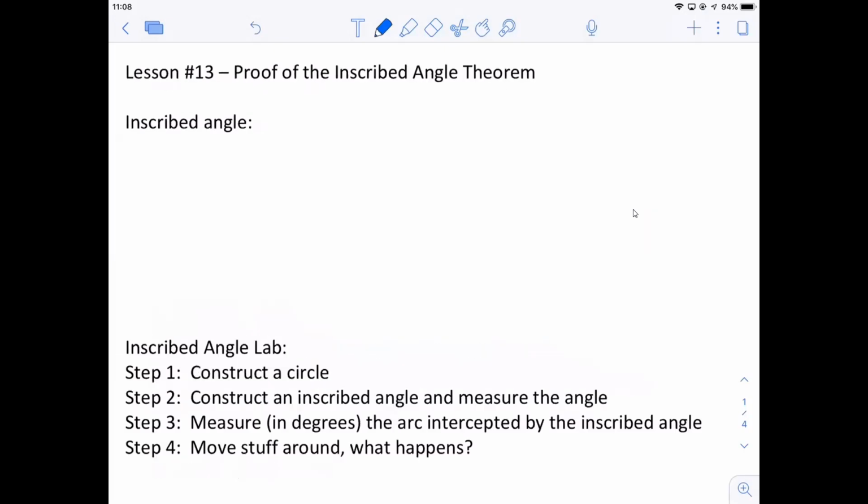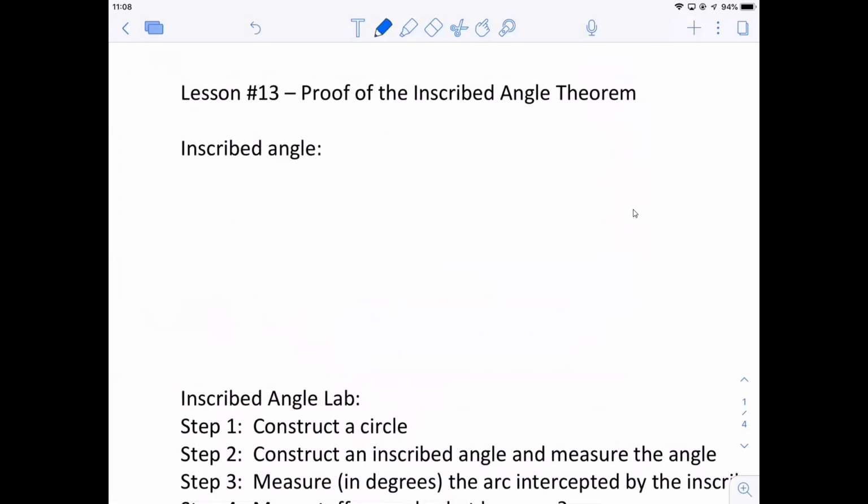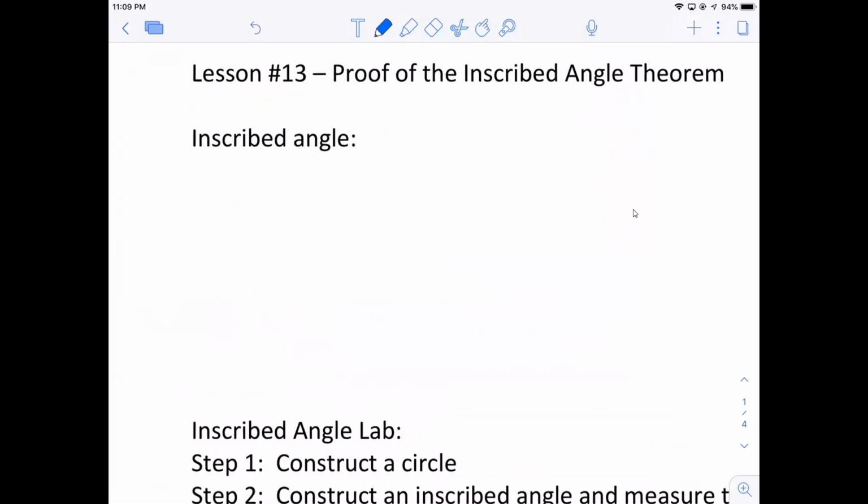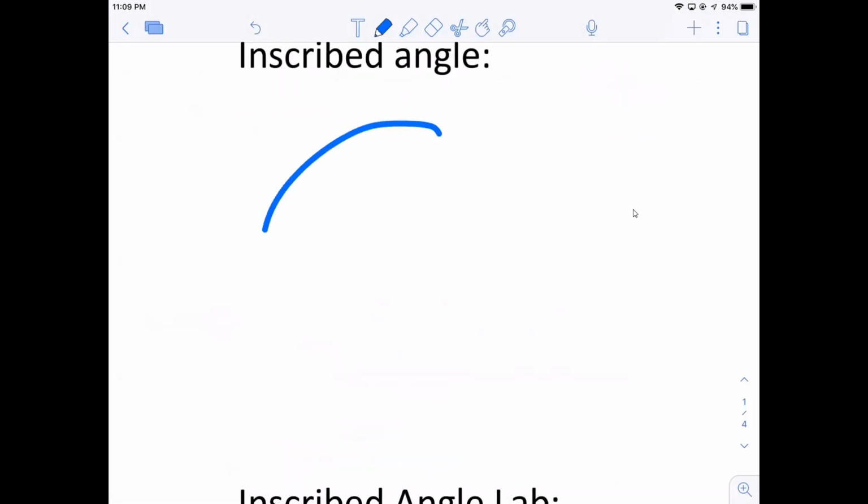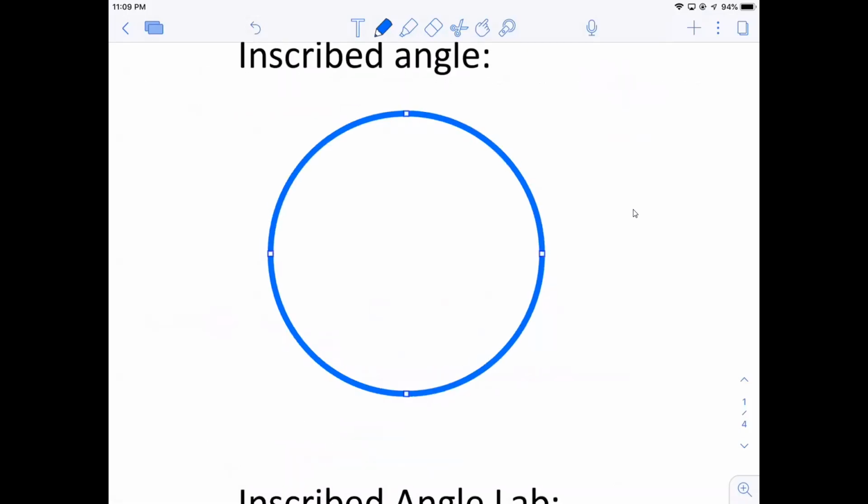Hooray! But before we get to that, we have to define what an inscribed angle is. We already know what a central angle is: an angle where the vertex is at the center of the circle, made up of two radii. So where is an inscribed angle going to be? Think about the word inscribed.